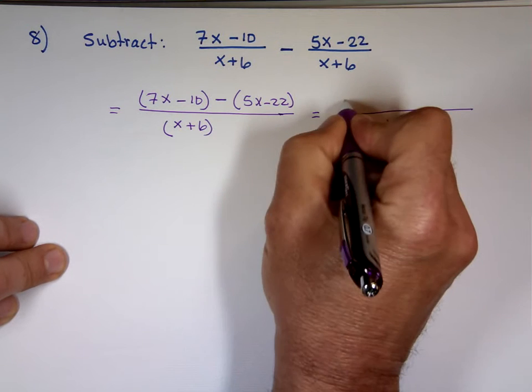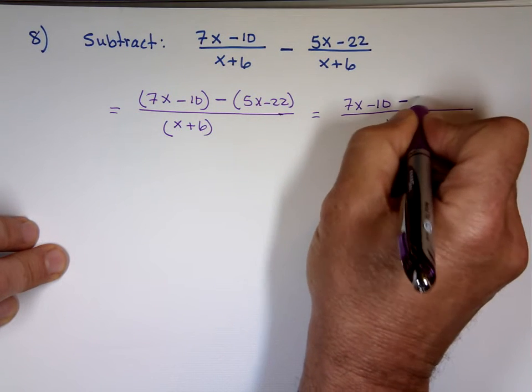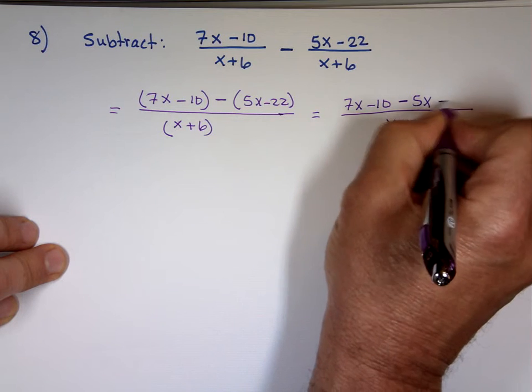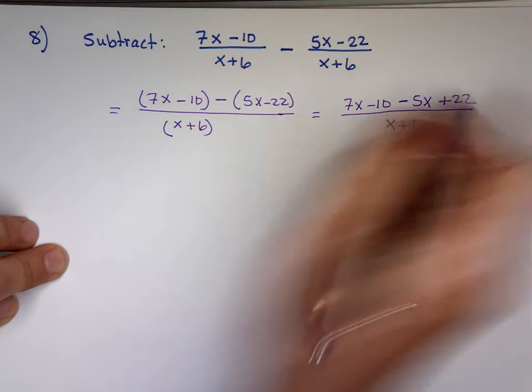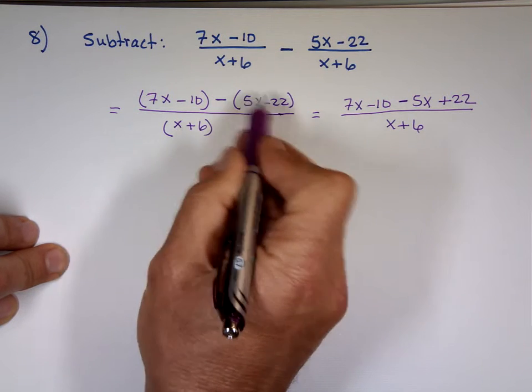This will be 7x minus 10. That'll be negative 5x plus 22. Notice a minus sign outside the parentheses will change all the signs on the inside.